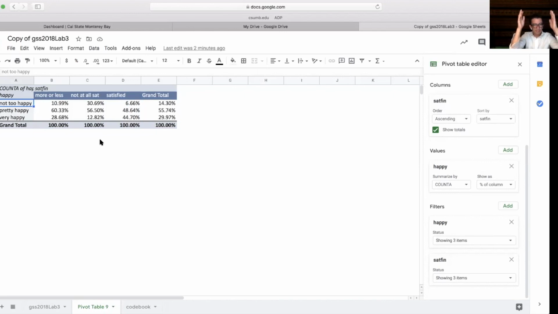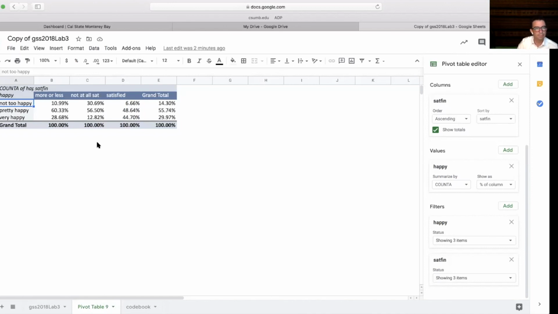In this case, we looked at the distribution of happiness for those who are not at all satisfied, and we compared it to those who are satisfied. If there are differences across those two, there is a relationship, right? Okay.